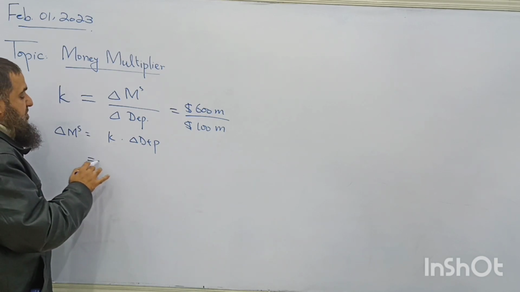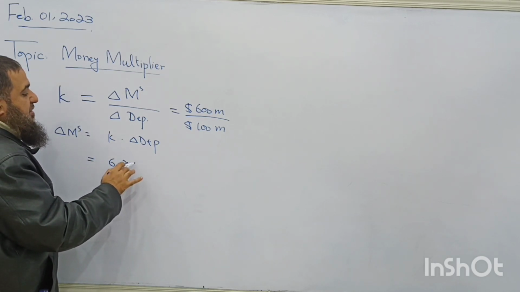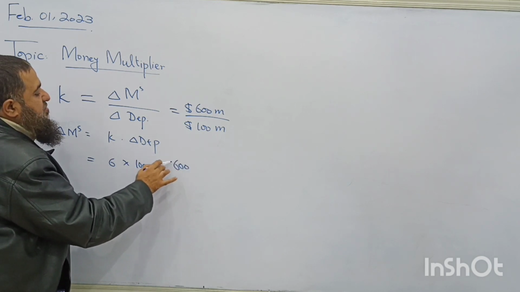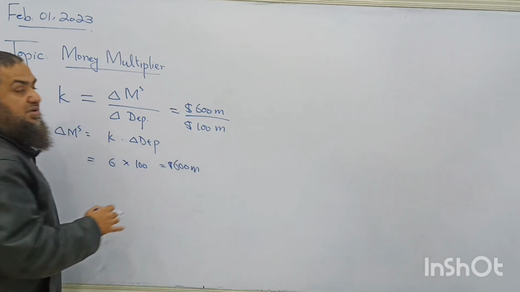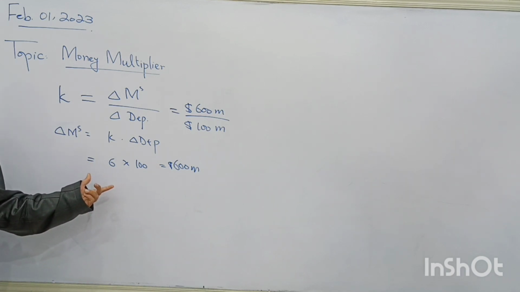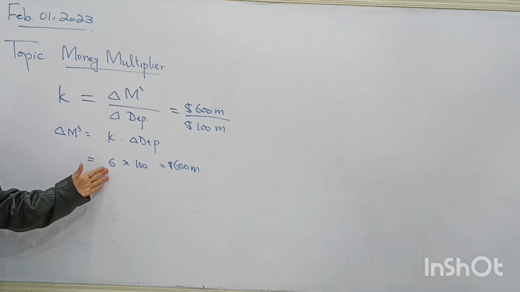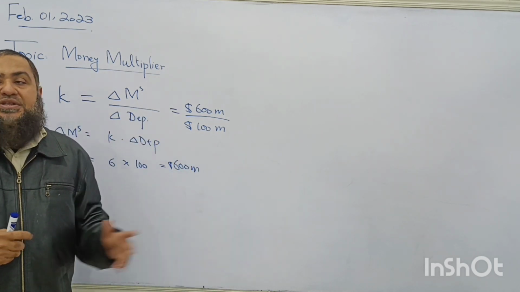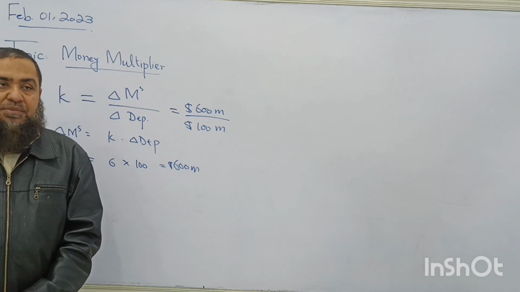If the money multiplier is 6 multiplied by the initial deposit, the total money supply will be equal to $600 million. Clear? So the multiplier value is 6 over here. If the multiplier value is 4, there will be 4 times the money supply created in the financial market.